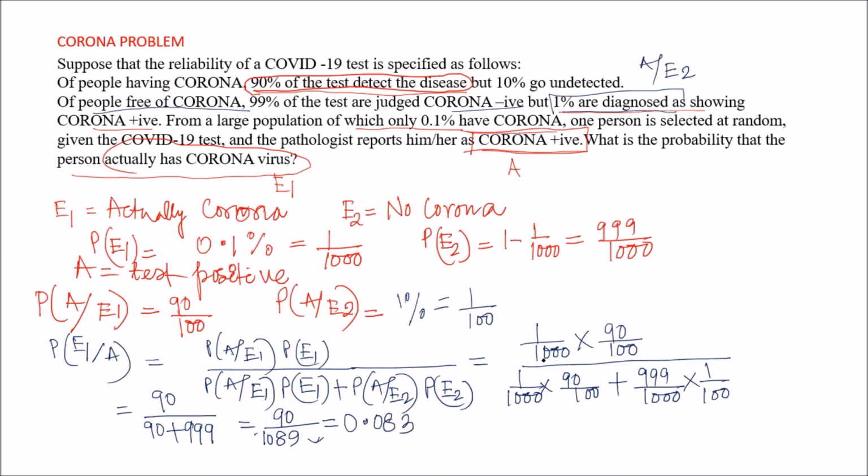So we cancel this 1 by 10,000, and here also 1 by 10,000. Cancel, 90 plus 999. I hope you understood. Actually, he doesn't have the corona, 1% even positive, but it is showing.